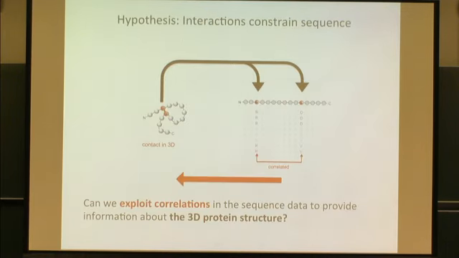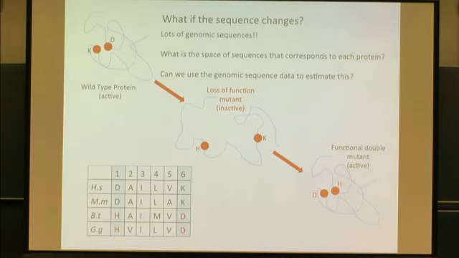Oh, I keep pressing the wrong button. Sorry. That corresponds to a particular protein, right? So in this example, we might end up with this sequence alignment. These are toy sequences from different species. This is human, mouse, I think this is cow and horse or something, right?